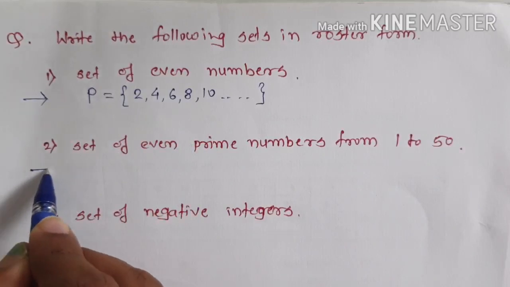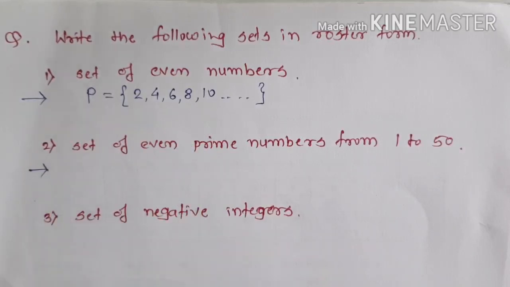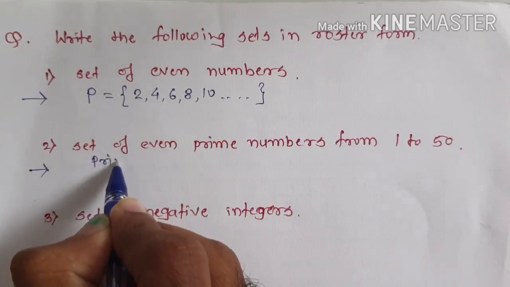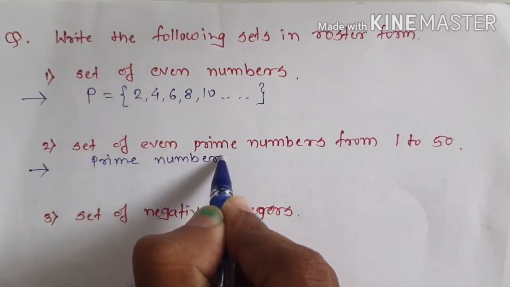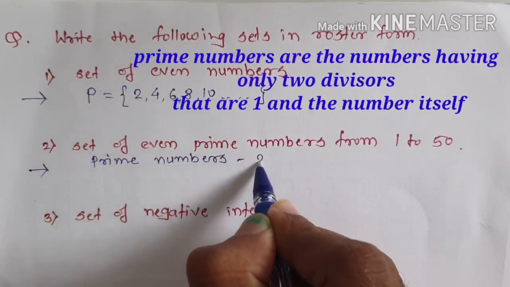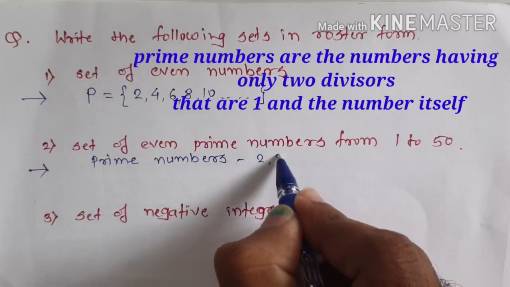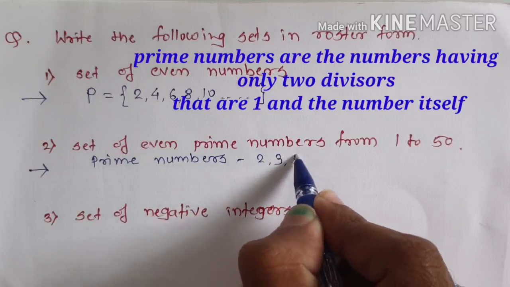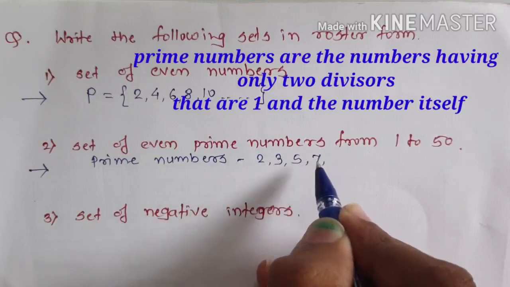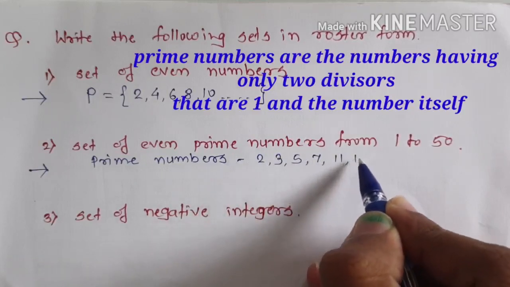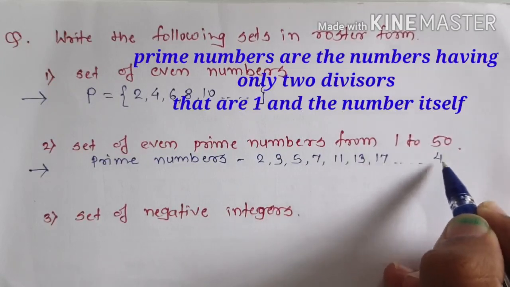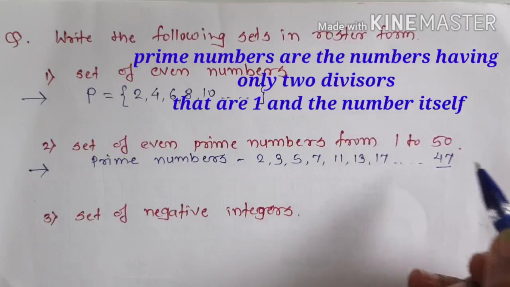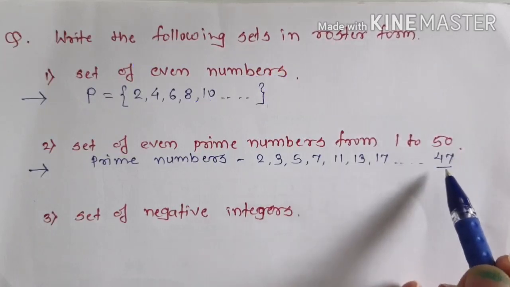Now the second question is, we have to write even prime numbers from 1 to 50. First of all, for that we have to know which are the prime numbers. Prime numbers start with 2, then the next prime number is 3, the next is 5 and 7, 11, 13, 17 up to 47. So these are the prime numbers which are less than 50.